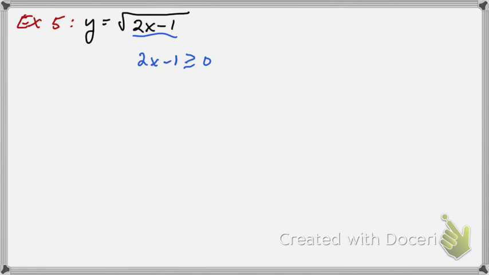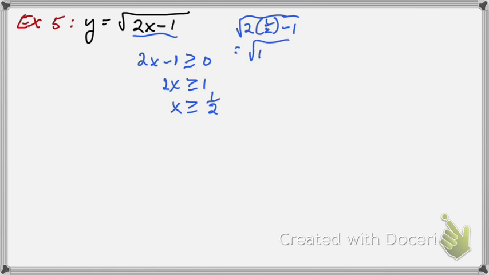So then I solve this little guy. Do I have to flip the sign? Nope. I didn't multiply or divide by negative. And so then x itself has to be greater than or equal to 1/2. Because if x were a half, I'd have 2 times 1/2 minus 1 equals what? 1 minus 1 equals square root of 0, and that's okay.